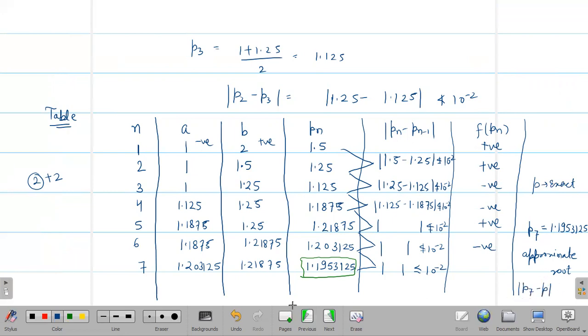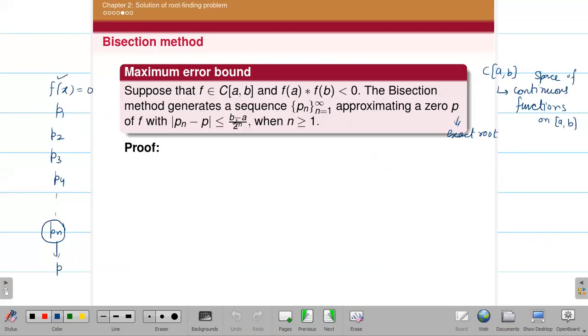We calculate it with this expression: (b minus a) by 2 raised to power n. The maximum error can be at most (b minus a) by 2 raised to power n using the bisection method. So if you are applying the bisection method, you will get the error up to this accuracy only.